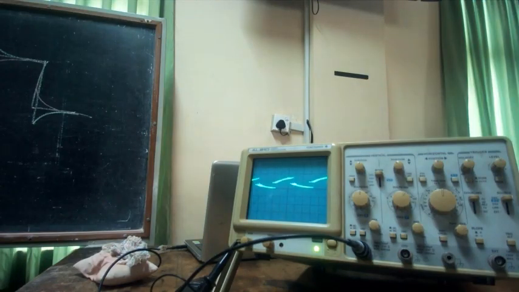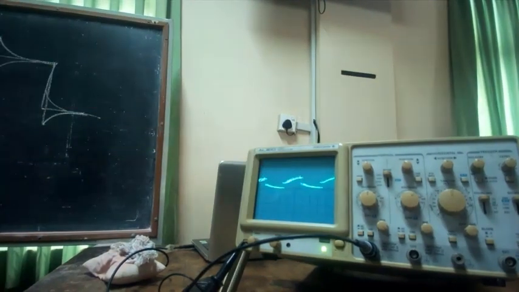Earlier these were the ones that were available. Now you can buy digital oscilloscopes relatively cheaply, maybe 100,000, 200,000. So these are much more expensive than that, right? So please use them with care. Okay.